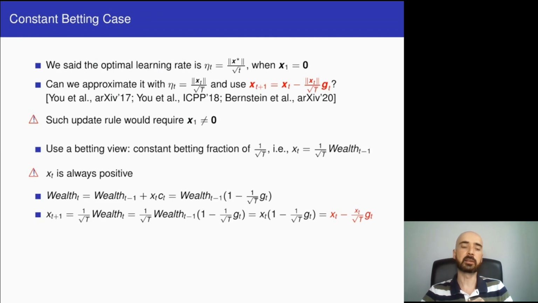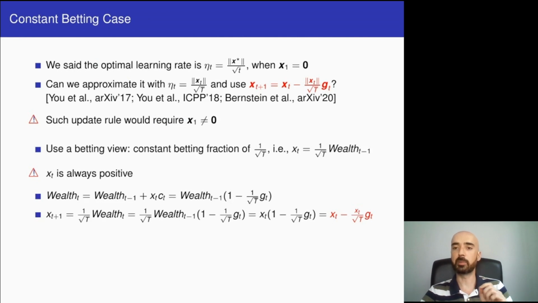So this means that the next x_{T+1} is equal to 1 over square root of T times the current wealth. The current wealth can be written in this way. And then this means that you update x_{T+1} as the previous x_T minus x_T divided by square root of T times g_t.